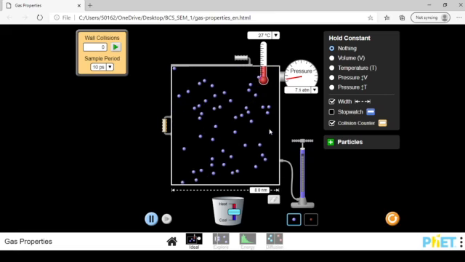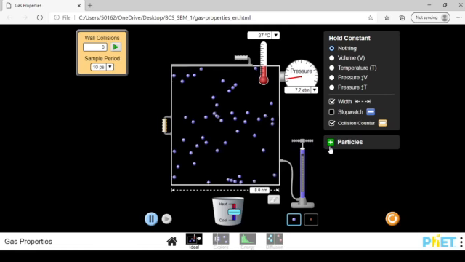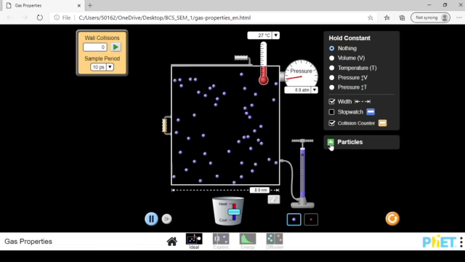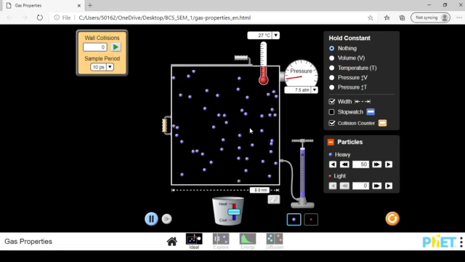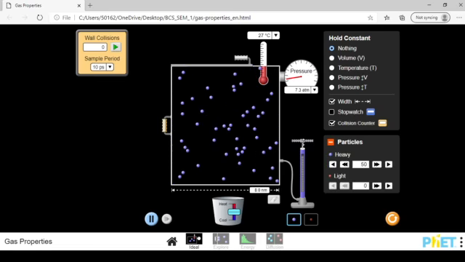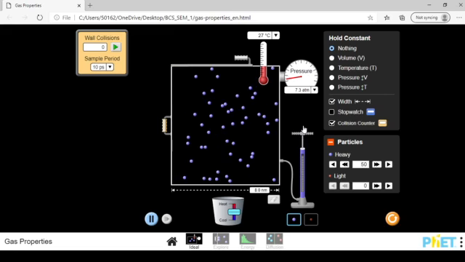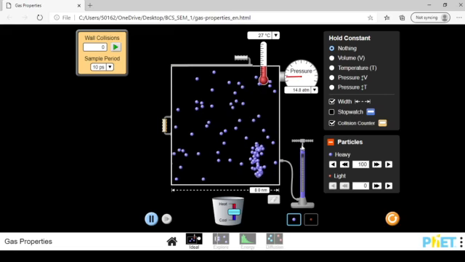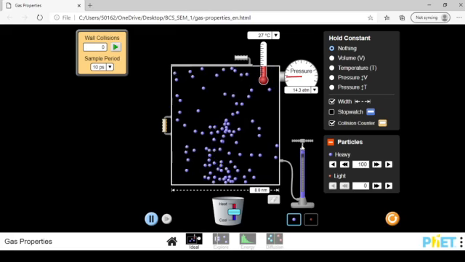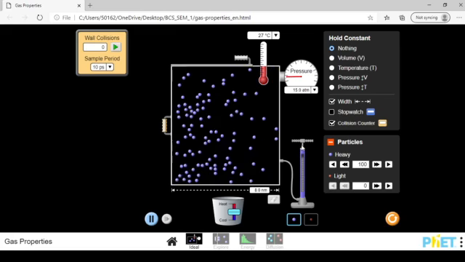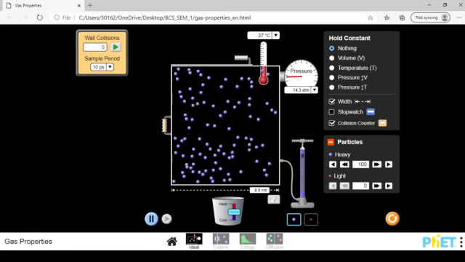So let me add on some more particles, so that you guys can see how many particles there are. There are approximately 50 particles. So let me add on a few more particles. Right, that's 100 particles. So that's a good amount of particles inside there, although this is just for us to explain it.